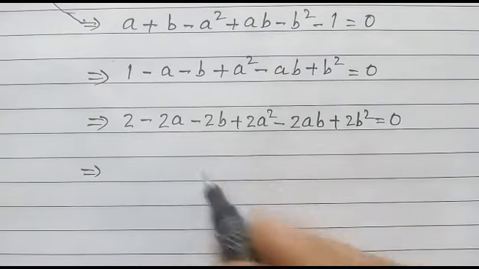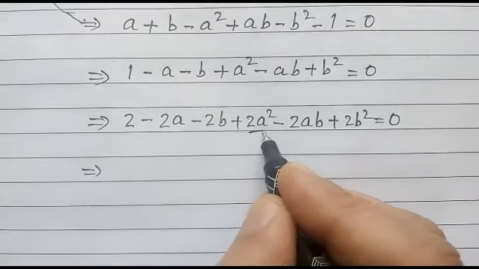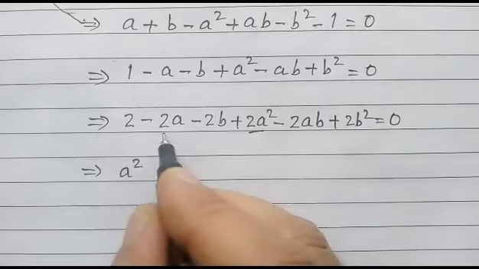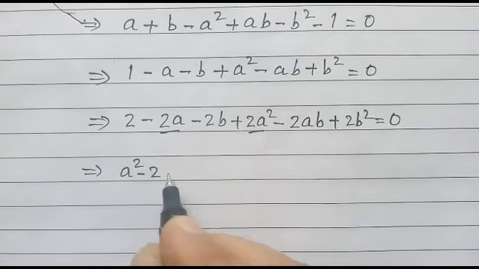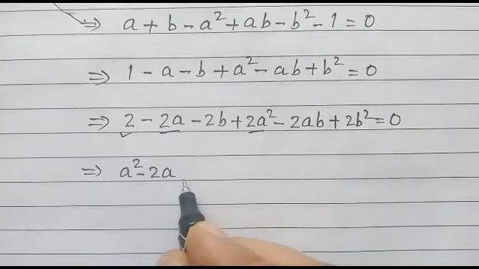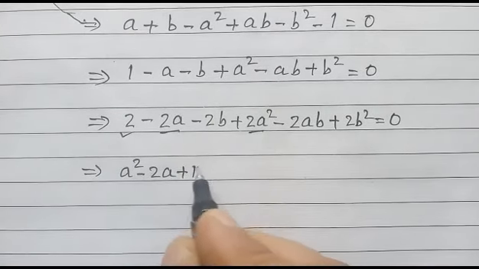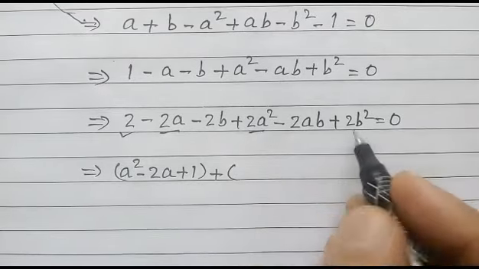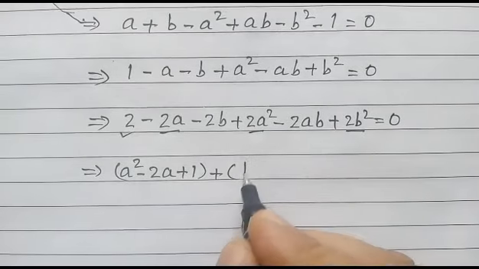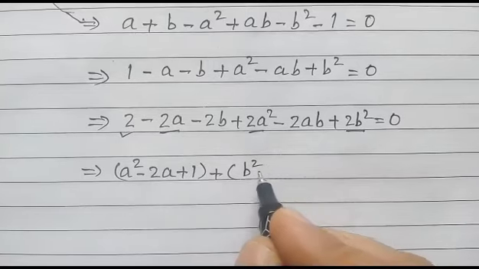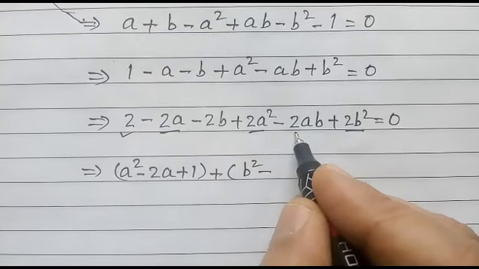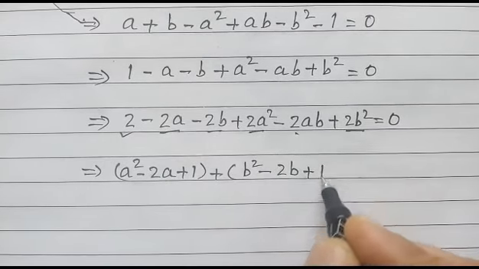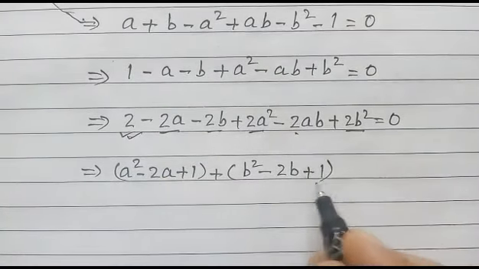Now again we rearrange the equation. If we take a^2 - 2a and 1 from here, plus 1, right, plus from here b^2 - 2b plus 1 from here, right?